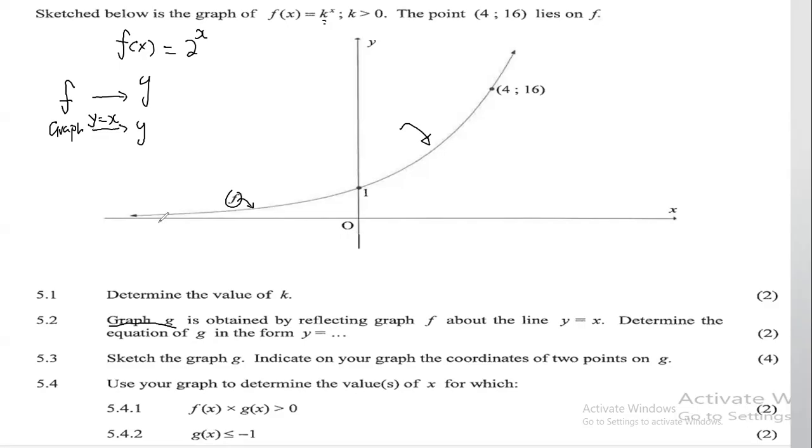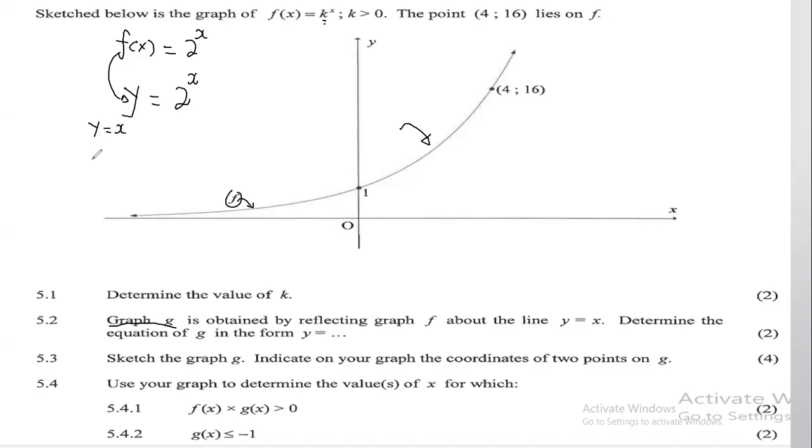So let's reflect f. The first thing we do is write the equation of f, which is y equals 2 to the exponent x. I said f of x is the same as y. So we reflect it about y equals x, which simply says swap your x and your y.